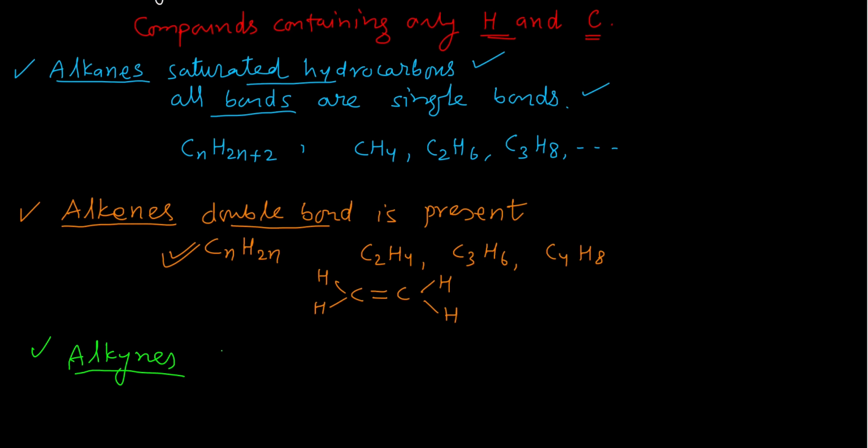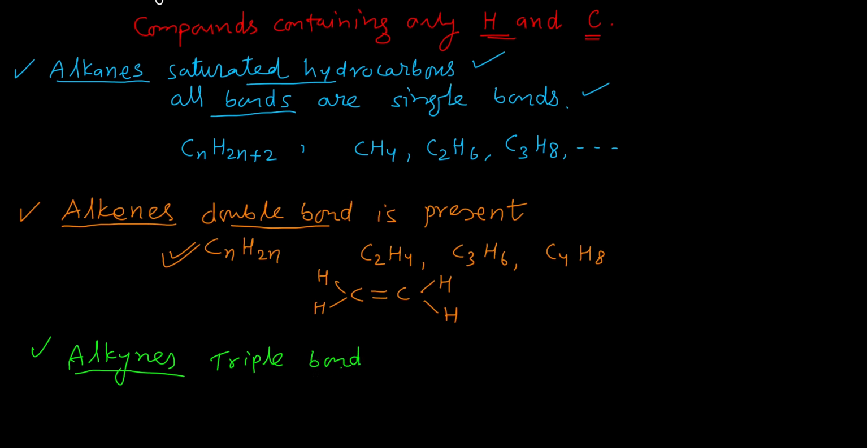Alkynes are also an unsaturated class of compounds, and here there will be a triple bond, one or more triple bonds. The general formula for this family of compounds is CnH2n-2. Again, I would like to remind you that this general formula is valid only if there is one and only one triple bond.